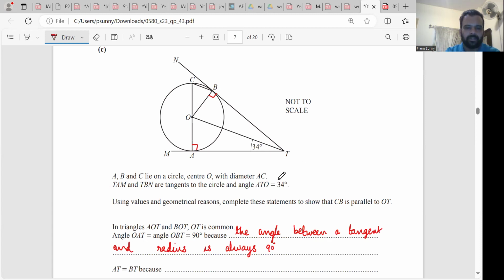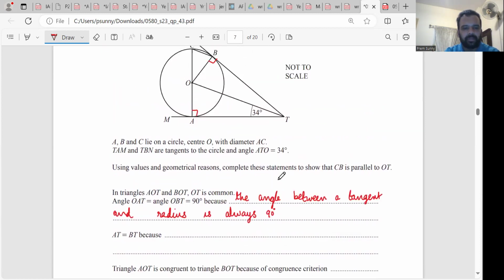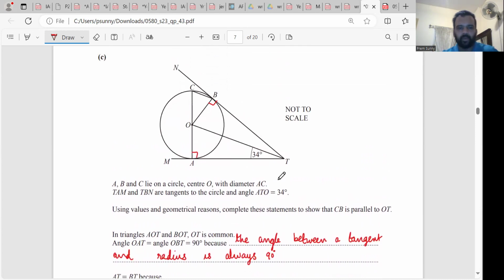And what is the next one here? AT is equal to BT because, where is AT? AT is this and BT is this, the length of the tangent. We have studied that in a circle, if we have an external point outside, this external point can make two tangents. Let's say that this is O and the points of contact are A and B respectively. Then OA is equal to OB.